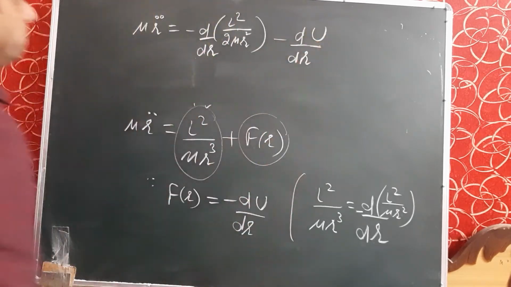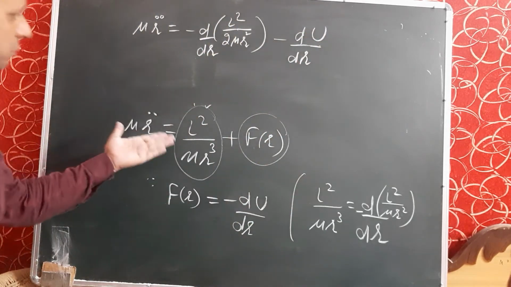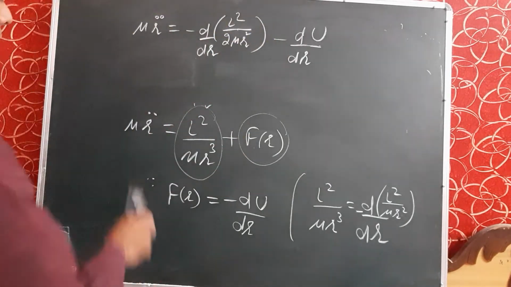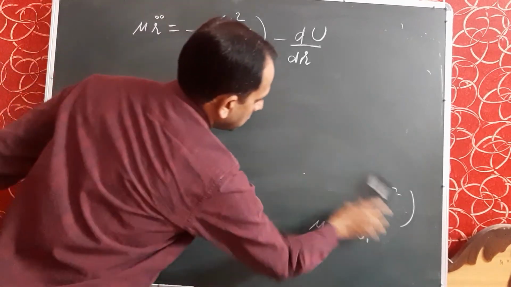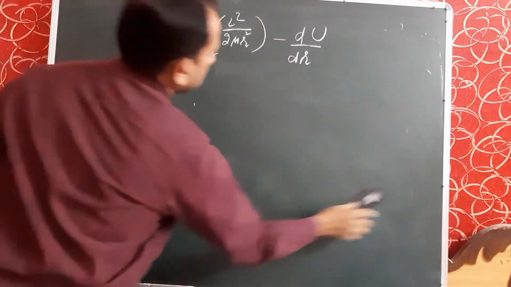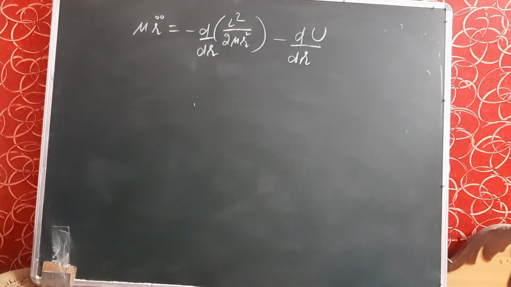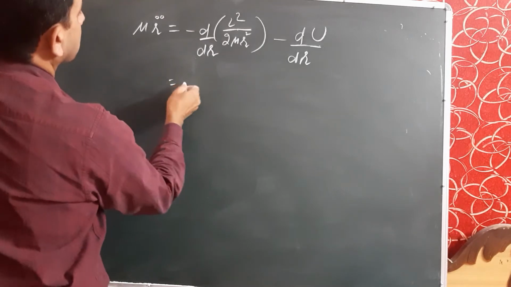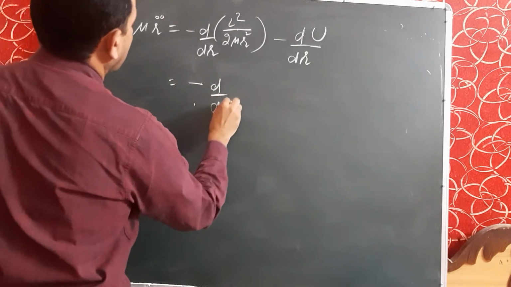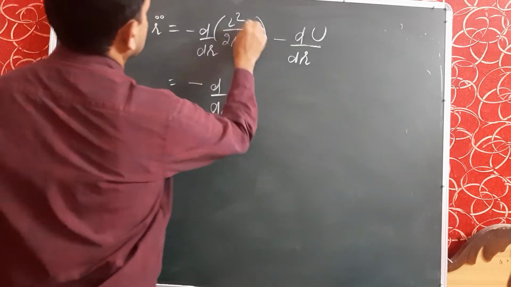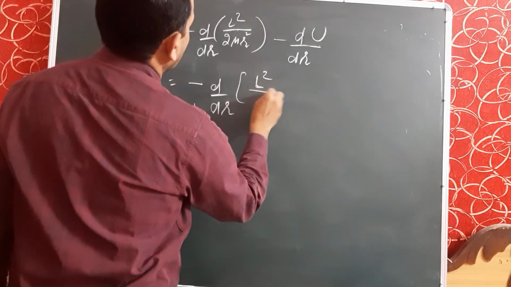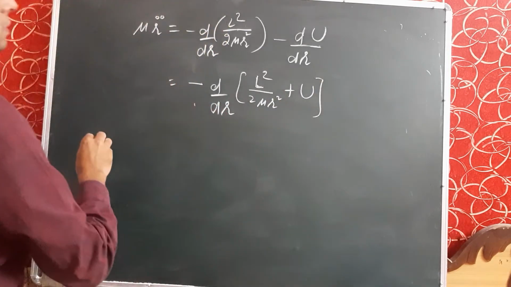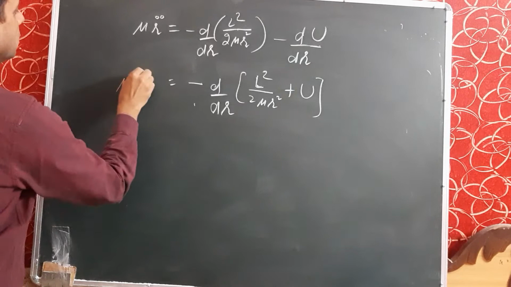So I have changed the right hand side into differential form. Now it may also be written with minus d/dr common: minus d/dr of L square over 2 mu r square plus u, and this is mu r double dot.